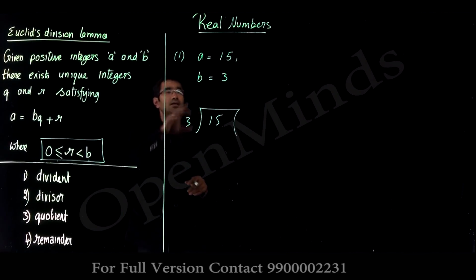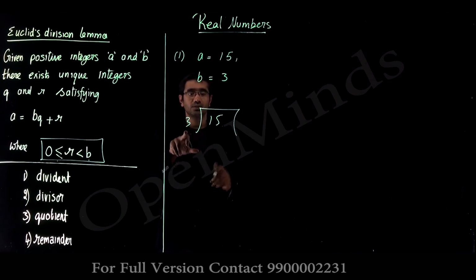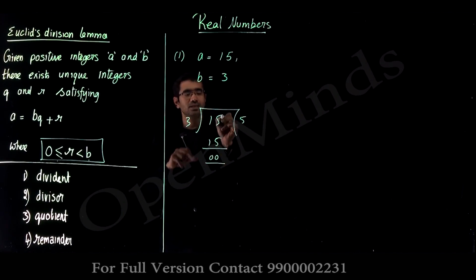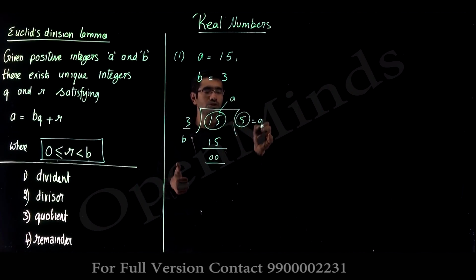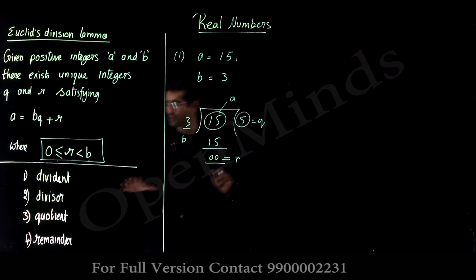So when I take a as 15, I'm dividing it by 3, so I can write 3 times 5 is 15. What happened? You got the remainder as 0. So this is a for me, this is b, that guy is the quotient q, and this 0 is the remainder. All right, so we have all four of them.